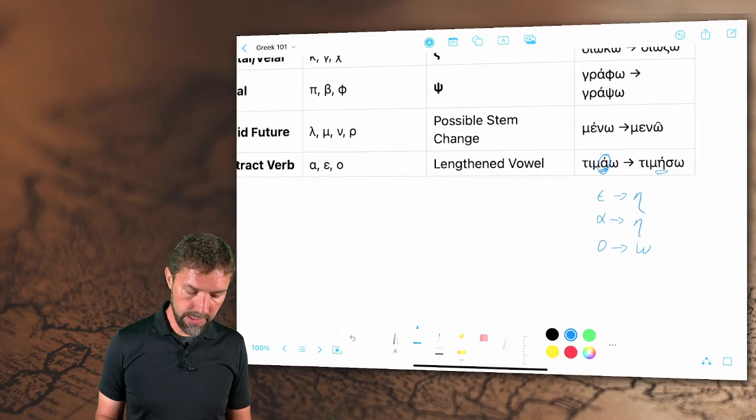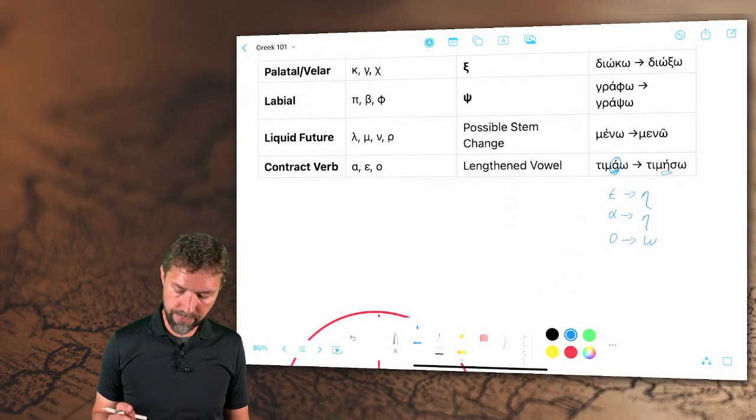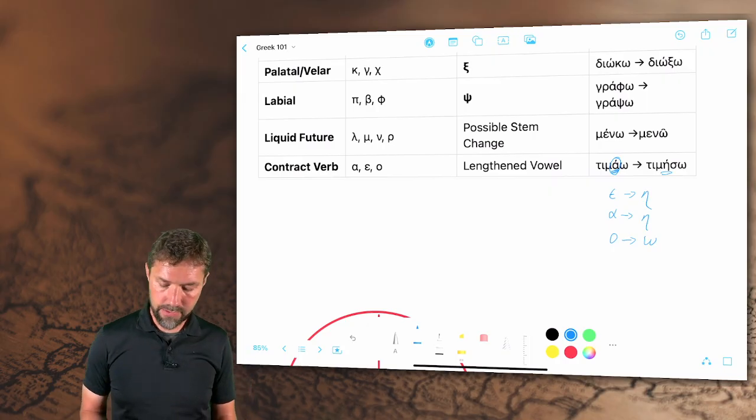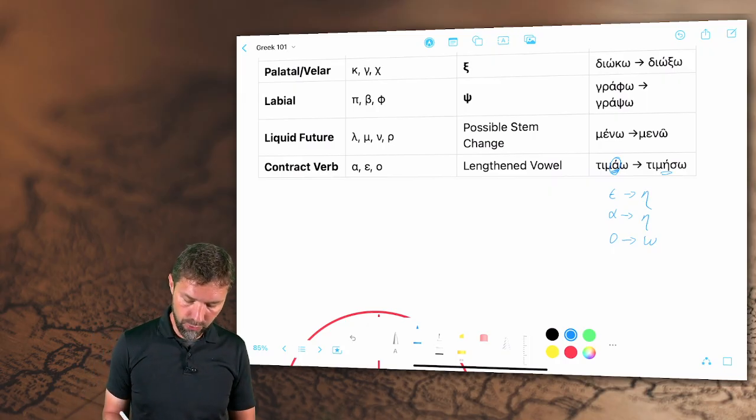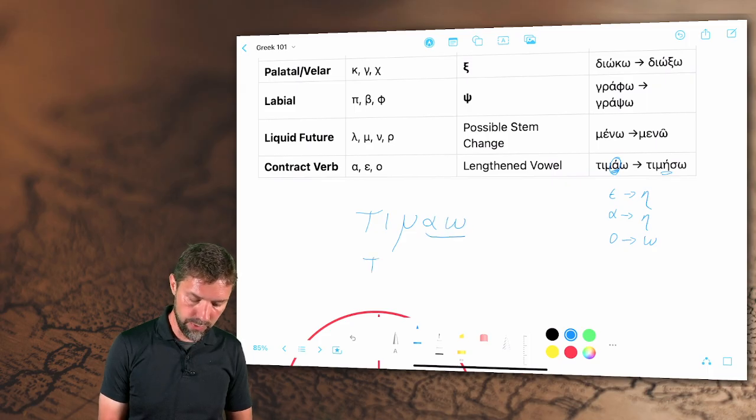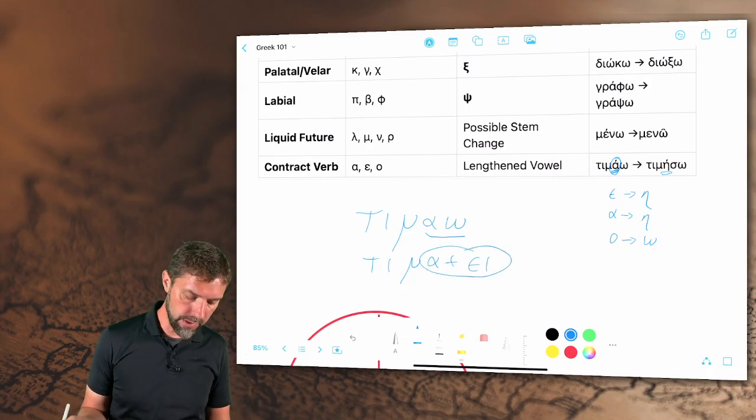Okay, in the case then of a contract verb future tense, the significance here is that where normally a typical contract verb would do this, and we would combine timao, or we would do tim plus epsilon iota, and we would do these combinations. We would end up with an alpha iota subscript.